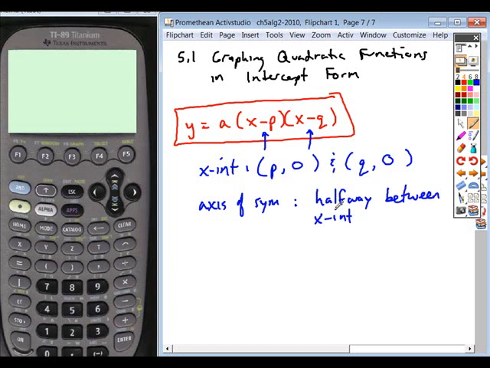So if you basically take the average of p and q, your axis of symmetry will be x equals (p plus q) divided by 2. So it's the average of those.